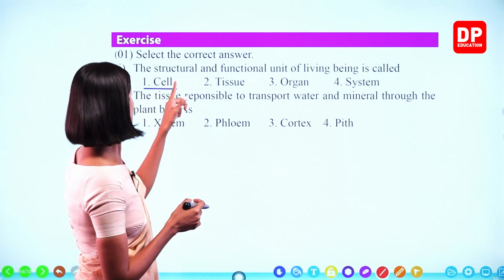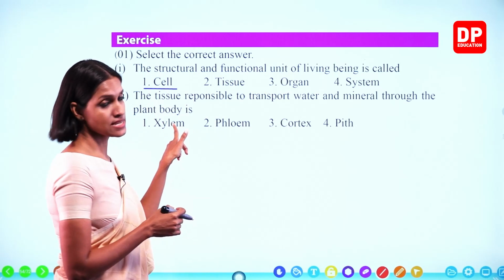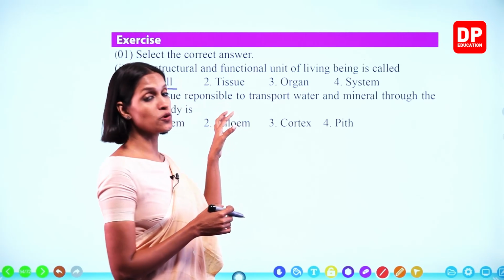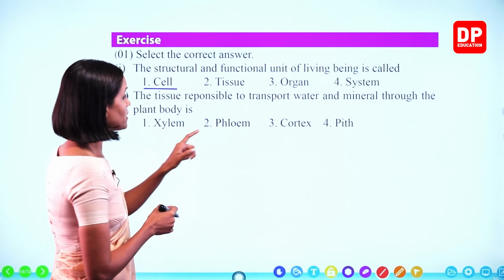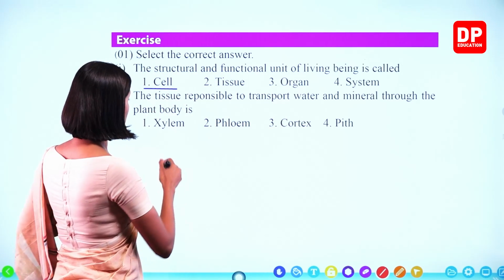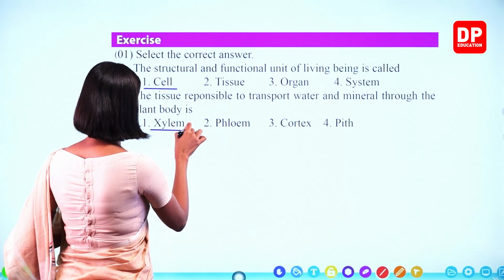What about the phloem? Phloem transports food, okay? Pith is the middle part, cortex is the outer part of the stem, right? Xylem is the answer.